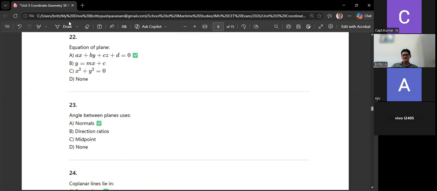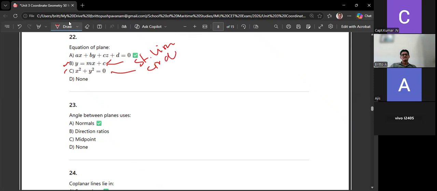They gave the other three answers also. Answer B is a straight line, then C is a circle. This is a straight line, but this is a circle. So, you know what a straight line equation is and what a circle equation is. Here the correct answer is the equation of the plane: ax plus by plus cz plus d equal to 0, or simply equal to 0.